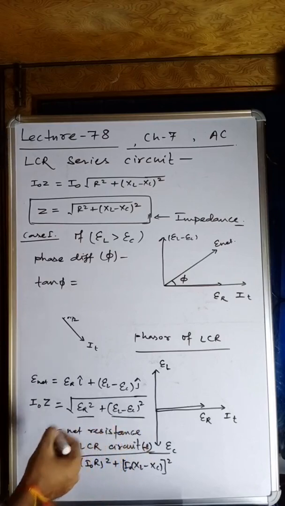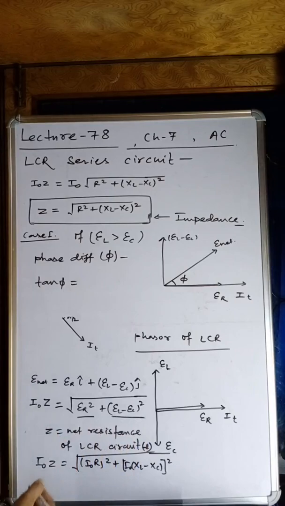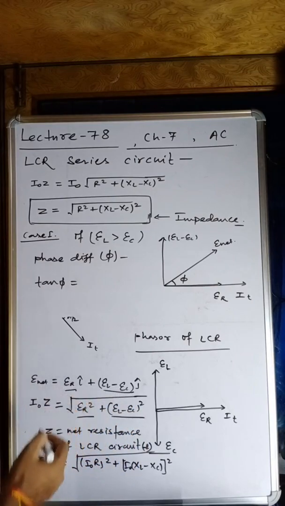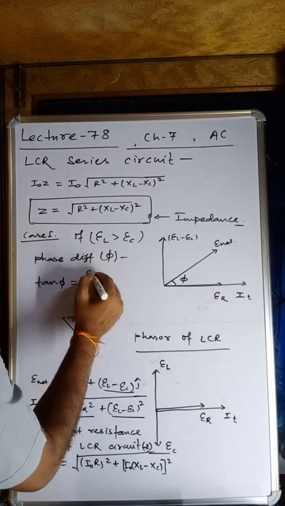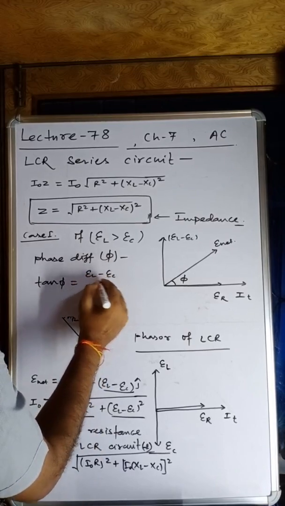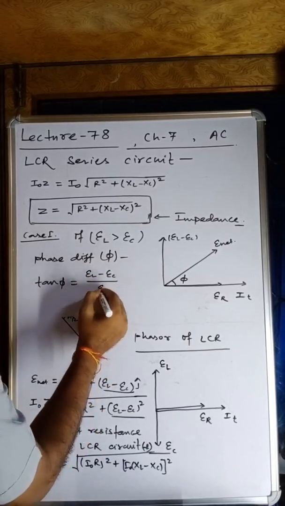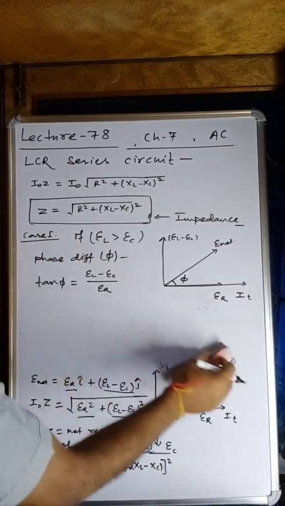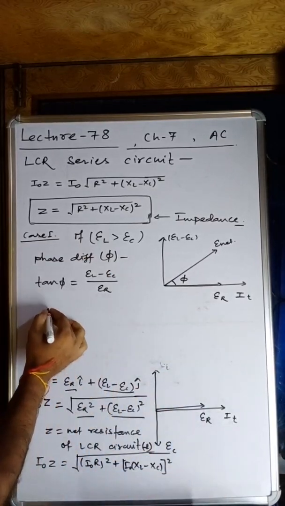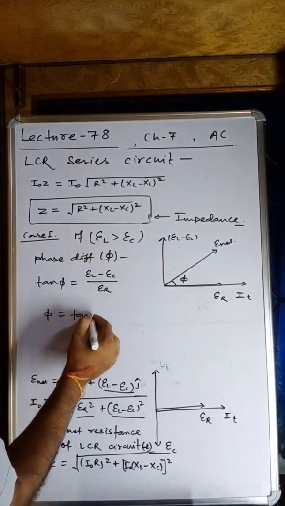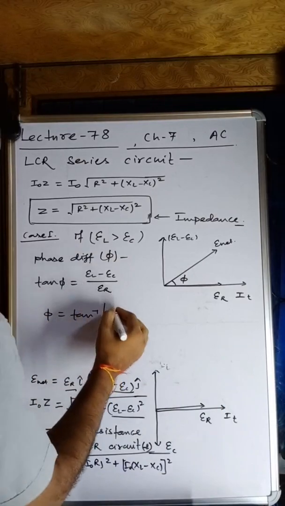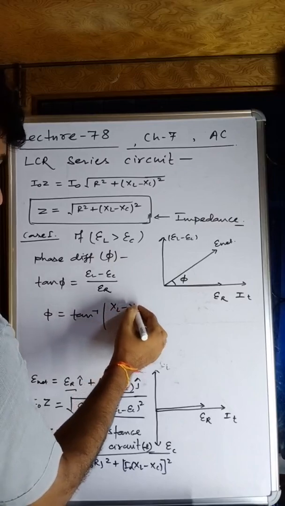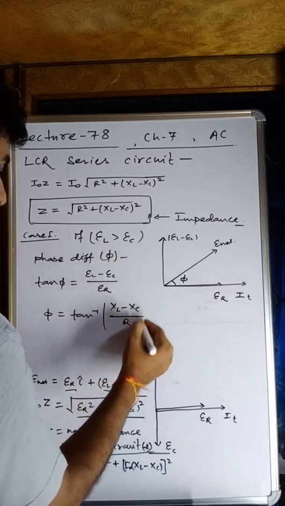This is the y and this is the x. So tan phi is (EL minus EC) divided by ER, and also we can write phi as tan inverse of (XL minus XC) divided by R.